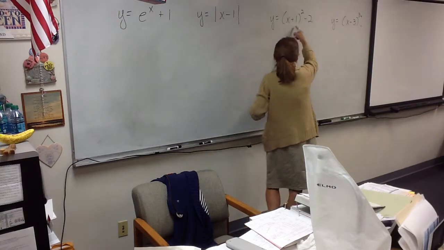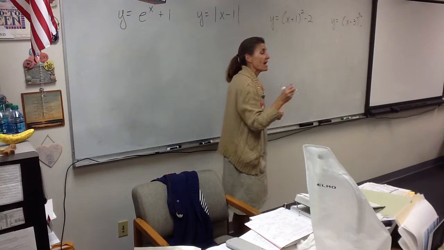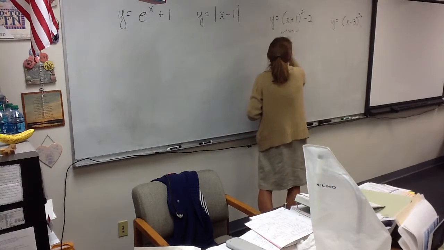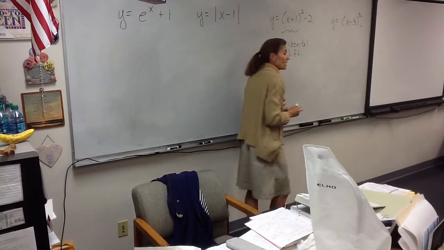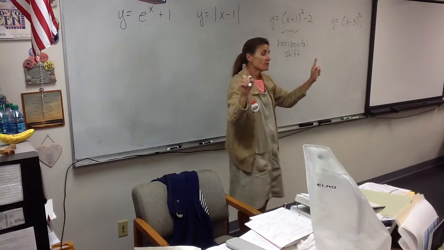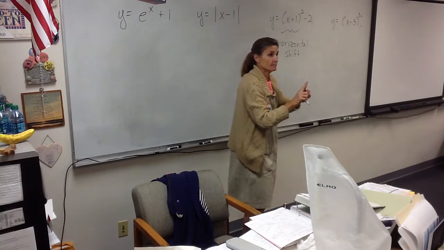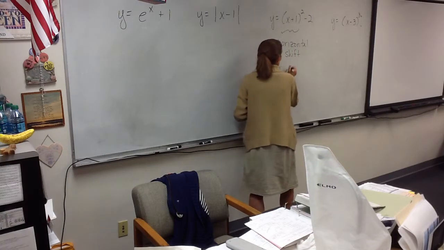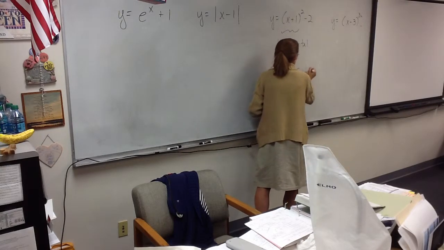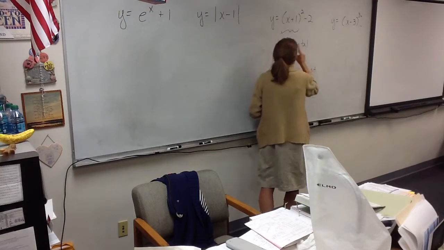When you add or subtract directly to the x, that is what we call a horizontal shift. Okay? It's going to shift the picture left and right. A +1 moves 1 unit to the left.